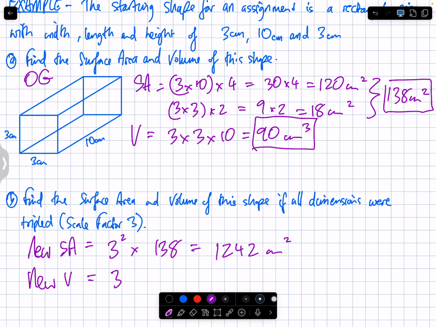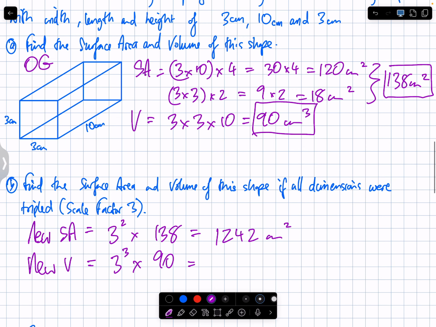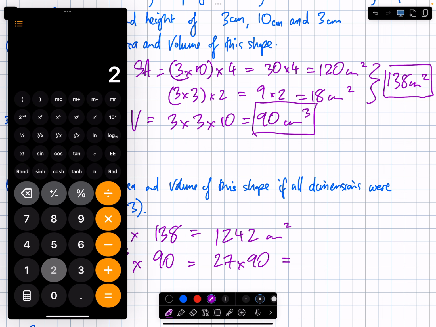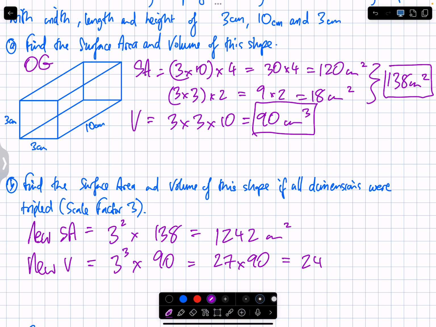Cubed for volume, times by the volume of the OG, which is 90. Please don't use 138 because that was in terms of surface area. 3 times 3, 9 times 3, so it's 27 times 90, 2430 cubic centimeters. Okay?